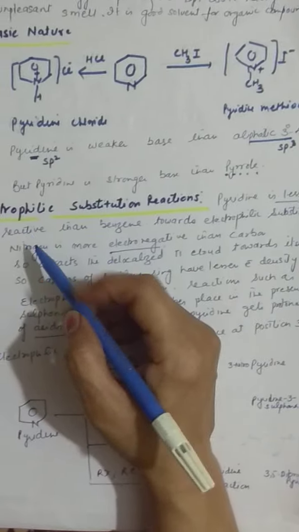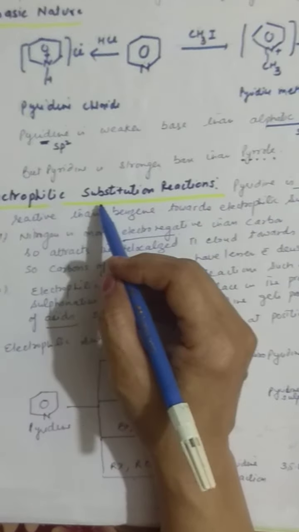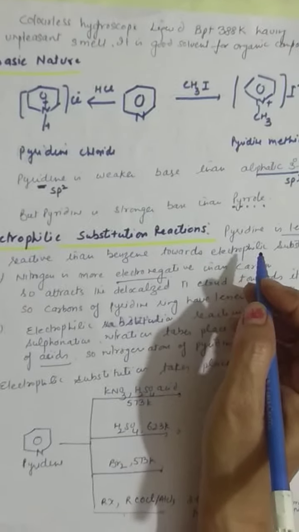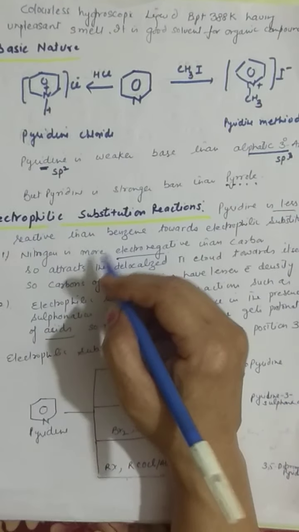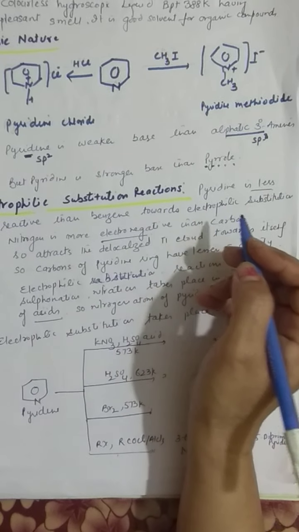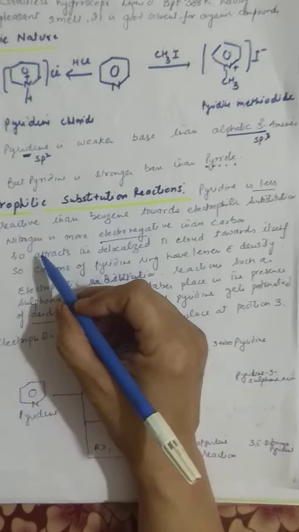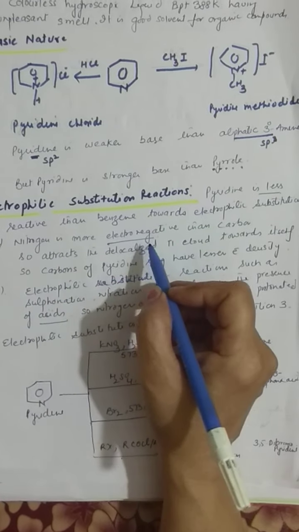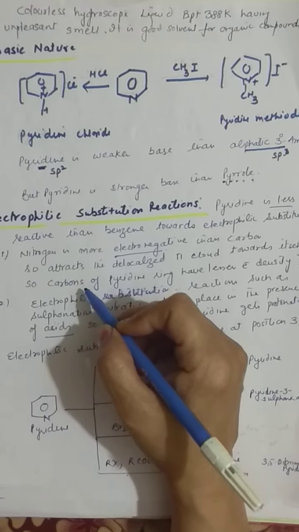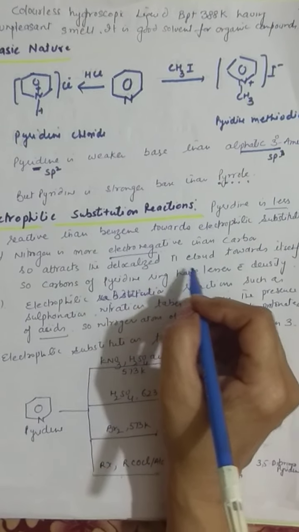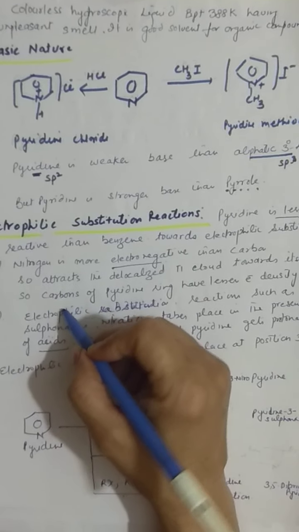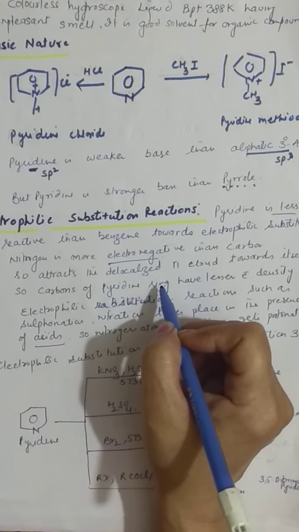So let's explain the electrophilic substitution reactions. Pyridine is much less reactive than benzene towards electrophilic substitution, because nitrogen is more electronegative than carbon. So it attracts the delocalized pi electron cloud towards itself. So the carbon atoms of the ring have lesser electron density.